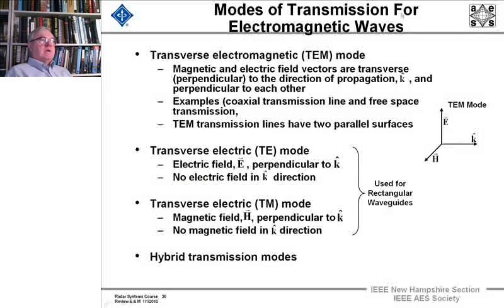There are modes of transmission for electromagnetic waves. The reason there are different modes is that as they travel out, you can have conducting surfaces that they have to obey Maxwell's equations for.